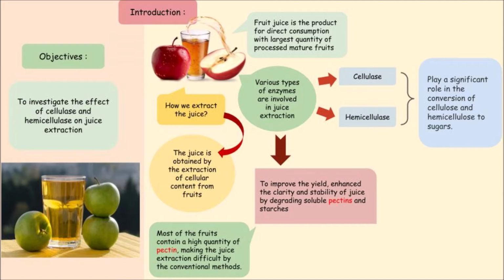Generally, most fruits contain a high quantity of pectin, making extraction difficult by conventional methods. In this experiment, two types of enzymes are involved in the extraction process, which are cellulase and hemicellulase. Cellulase and hemicellulase play a significant role in the conversion of cellulose and hemicellulose to sugars.